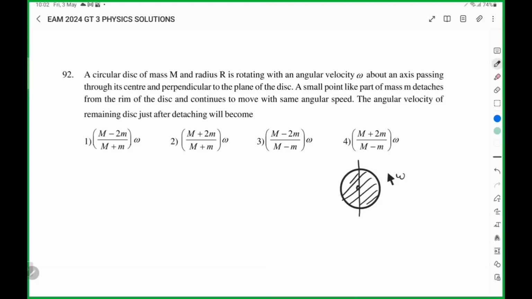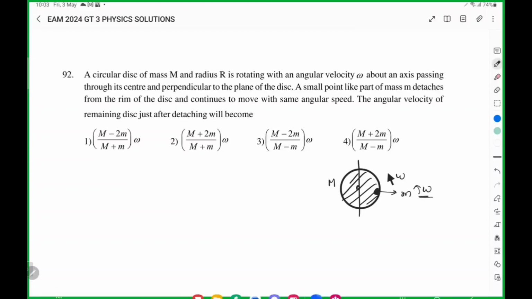A small point-like part of the disk, of mass m, detaches from the rim and continues to move with the same angular speed.